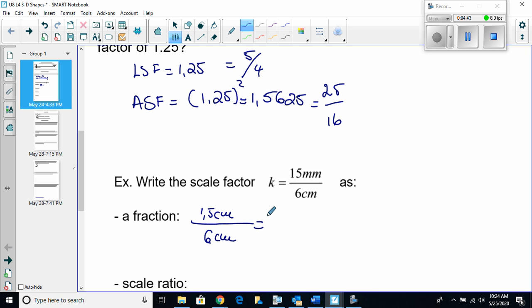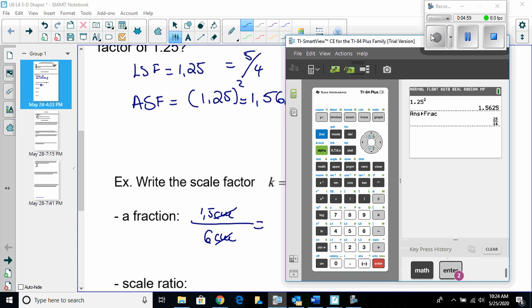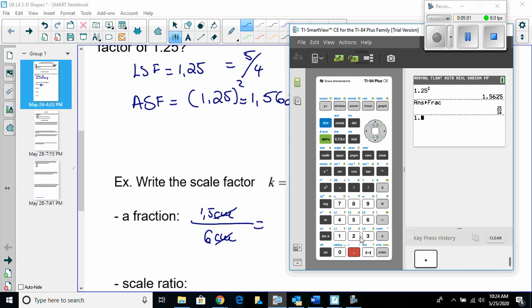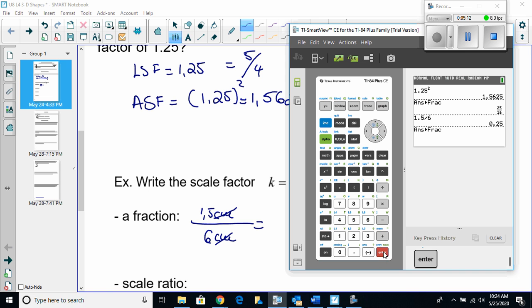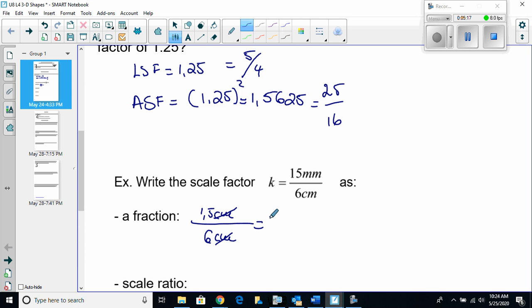But in this case, we are dealing with small numbers, and the centimeters will cancel out. And I will show you another trick here. You'll have 1.5 divided by 6, and then you will have a decimal. Then you go math, fraction, enter, and you will have 1/4.